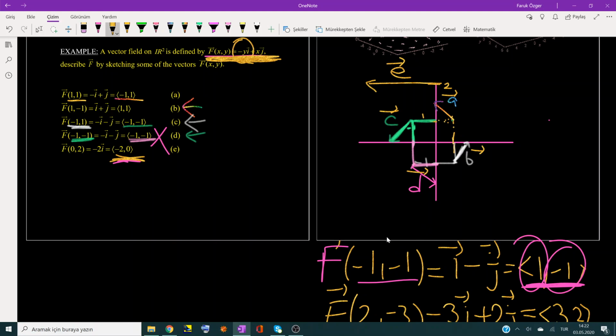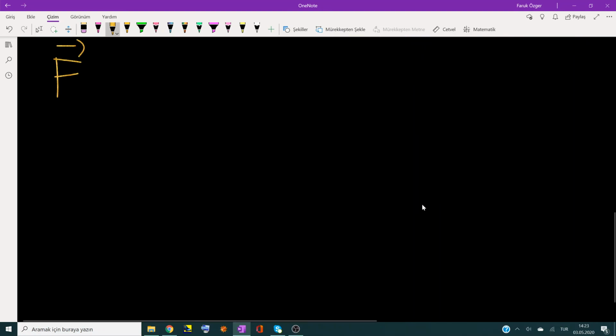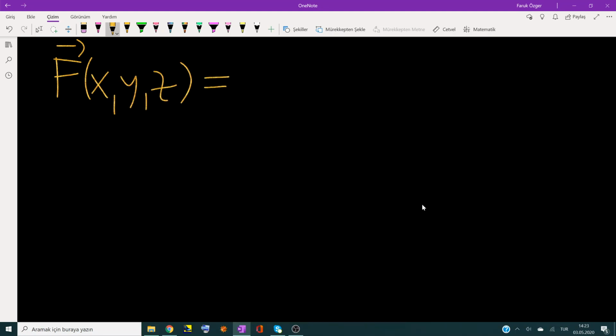So I think this is a nice example to understand the idea of vector field. Now I want to give another example. Sketch the vector field F of x, y, z, which is given by zk.